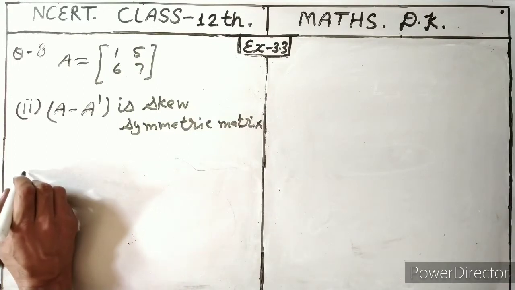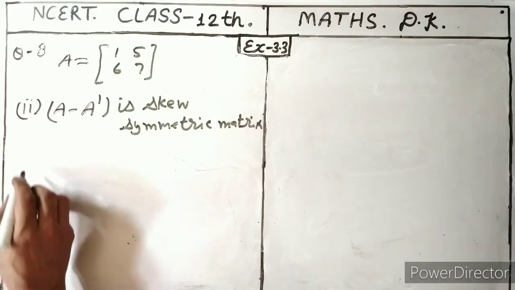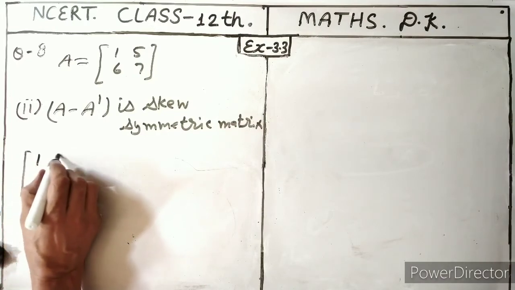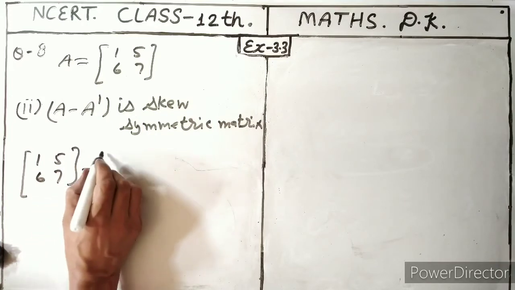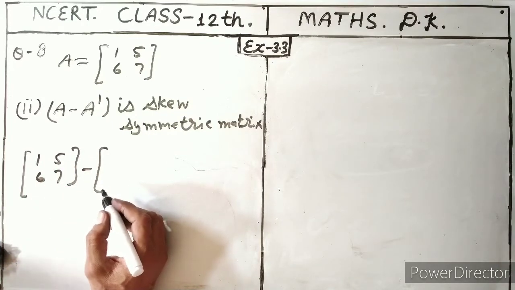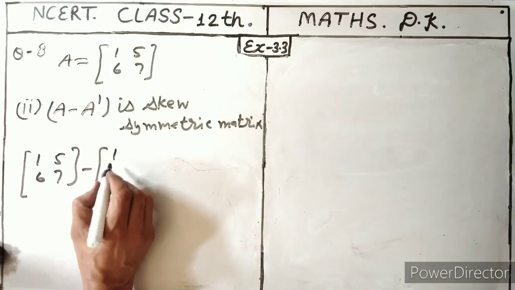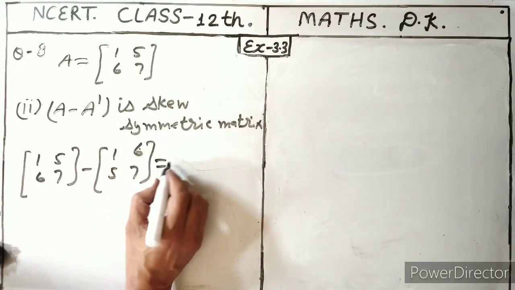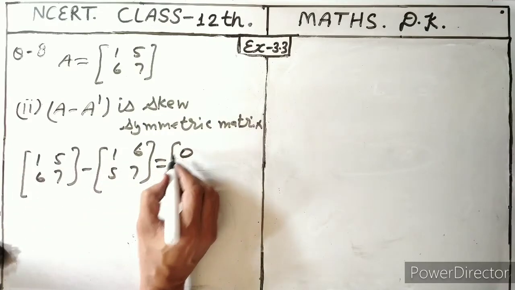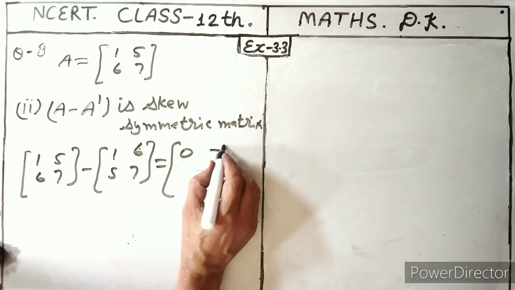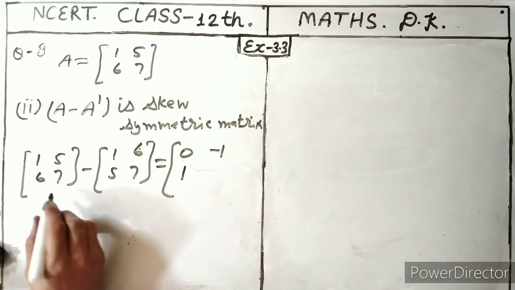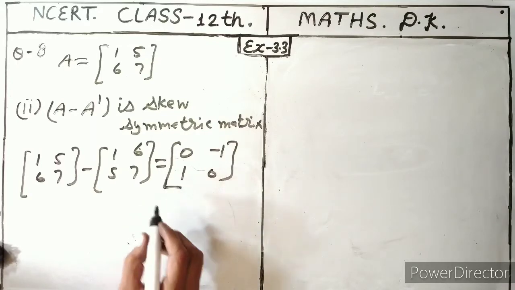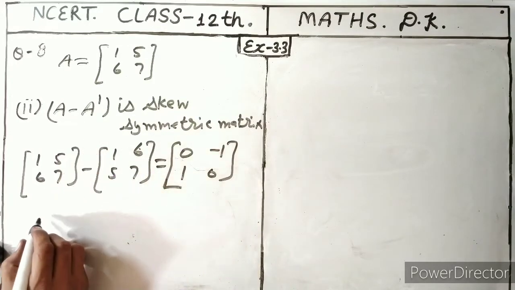Then we find out A minus A transpose. A is 1 5 6 7 minus A transpose 1 6 5 7. This is 1 minus 1 0, 5 minus 6 minus 1, 6 minus 5 1, 7 minus 7 0. This is A minus A transpose.